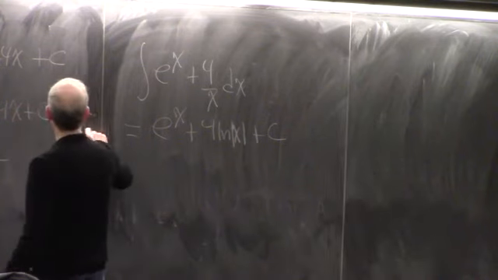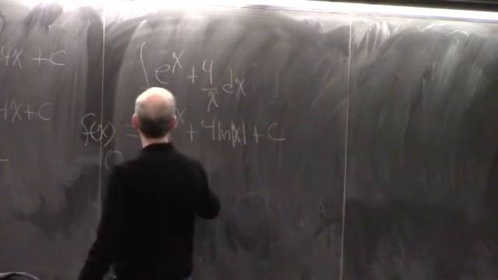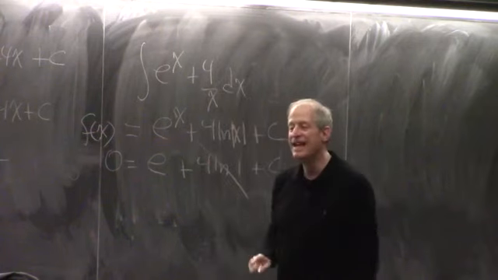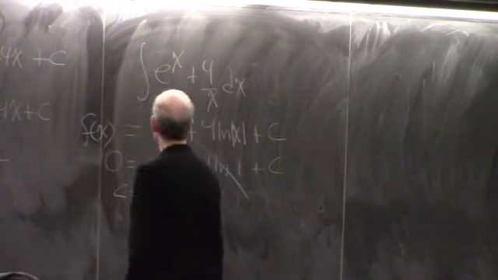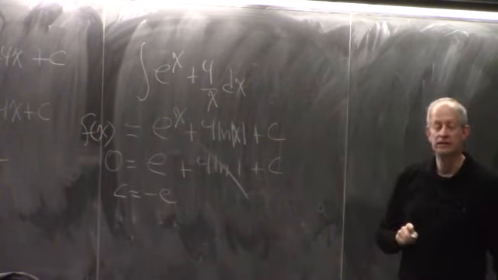That's f of x, right? So 0 is e to the 1 plus 4 log of 1. Log of 1 is 0. So c is negative e. So this would be e to the x plus 4 log x minus e.